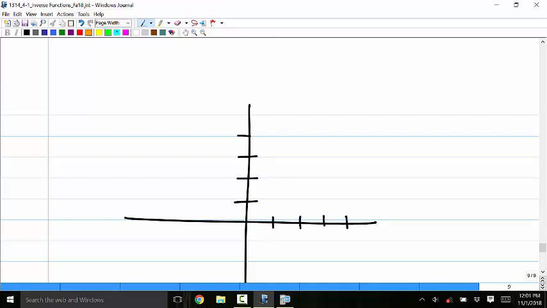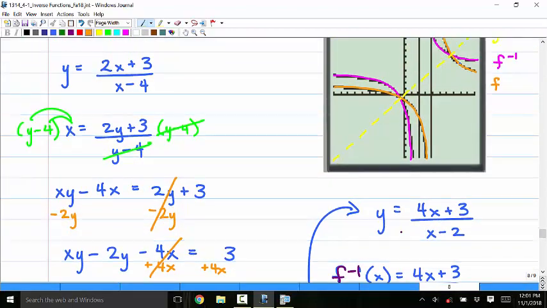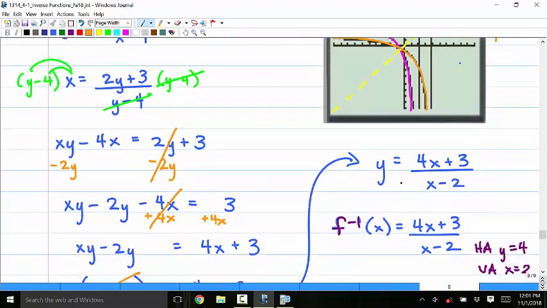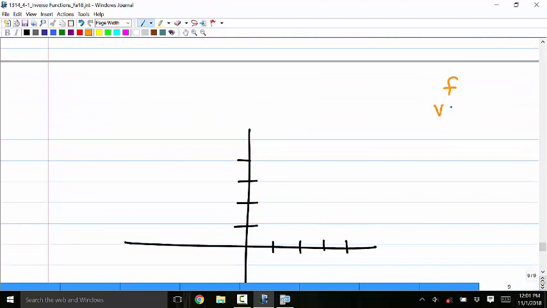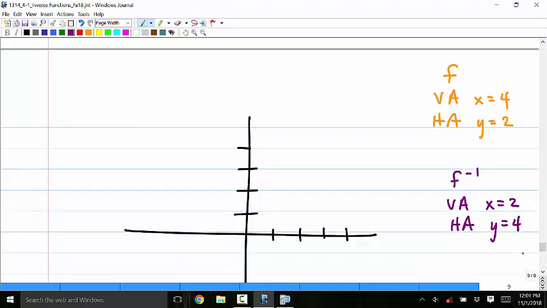Okay, so my function had a vertical at x equals 4, horizontal at y equals 2. For my inverse, I had a vertical at x equal 2 and horizontal at y equal 4. Do you agree? That's what we just wrote out above.